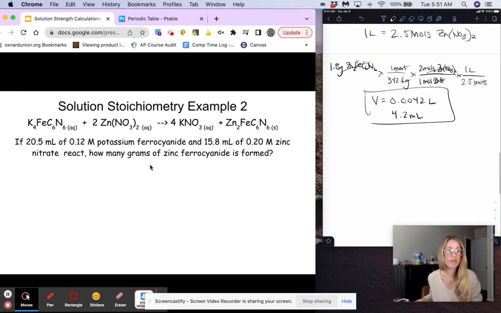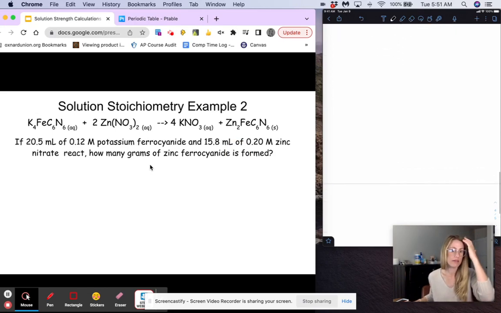So if 20.5 milliliters of 0.12 molar potassium ferrocyanide, so that is going to be this right here, and 15.8 milliliters of 0.2 molar zinc nitrate react, how many grams of zinc ferrocyanide is formed?